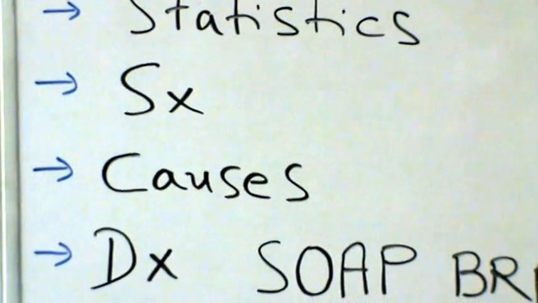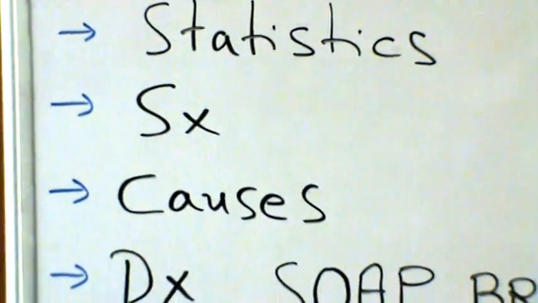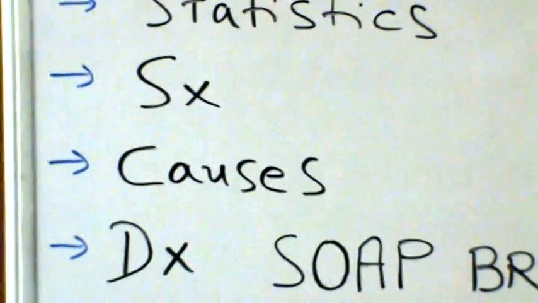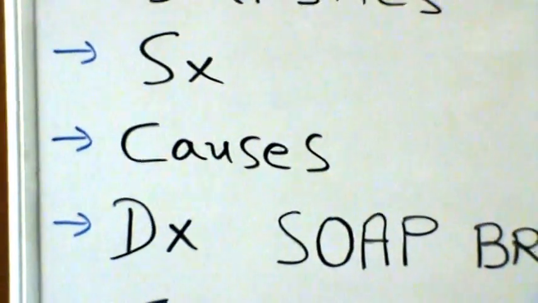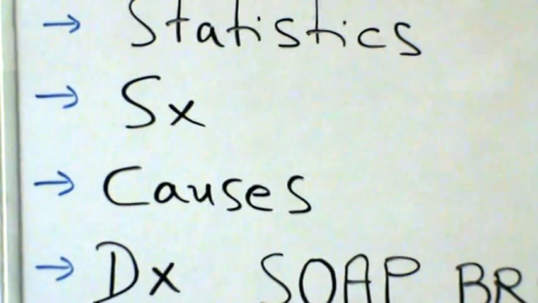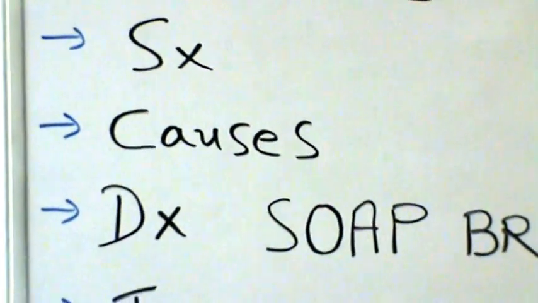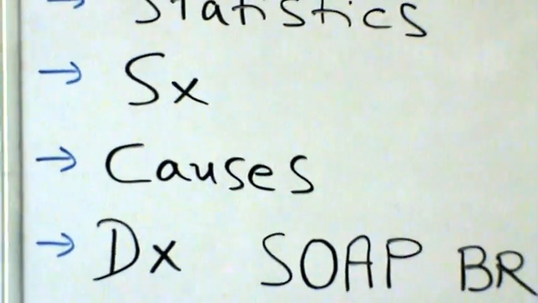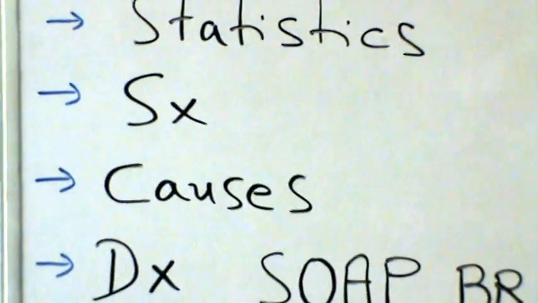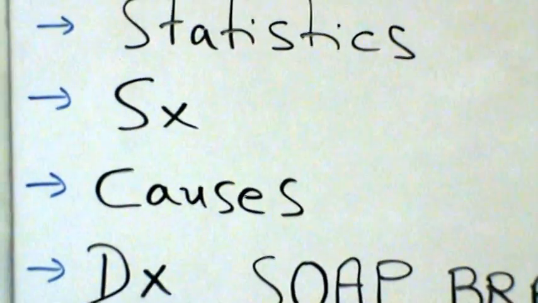GI system related, one may have nausea, dyspepsia, abdominal pain. Cardiac wise, pericarditis, myocarditis are frequently seen in patients, and hematologically speaking, you may see leukopenia, lymphopenia, anemia, thrombocytopenia.